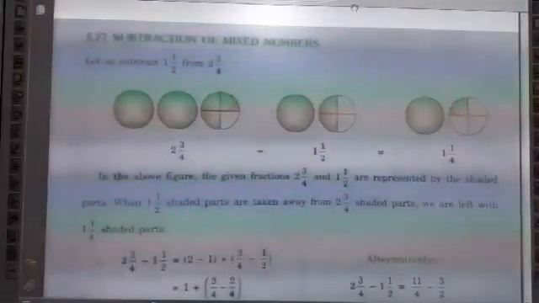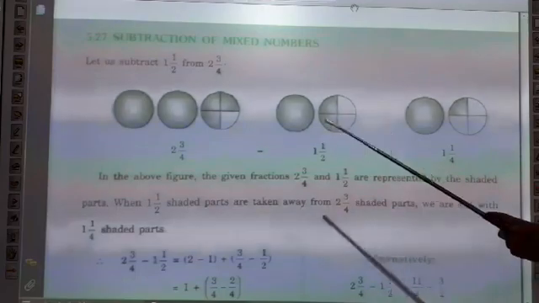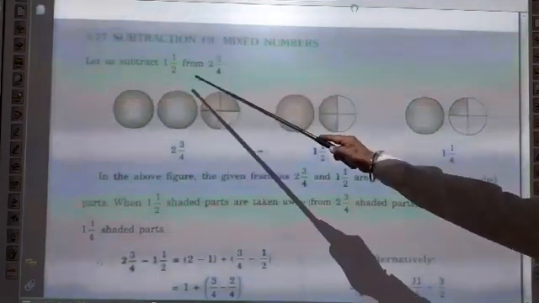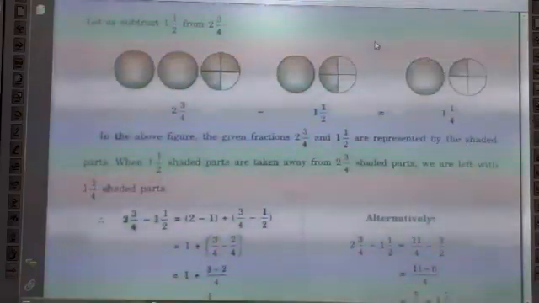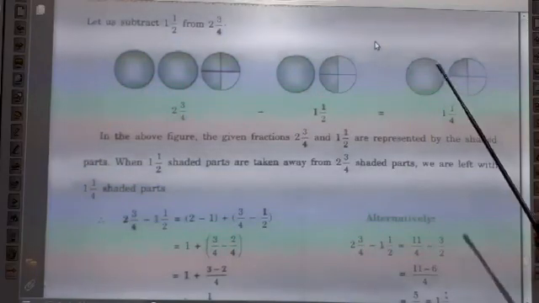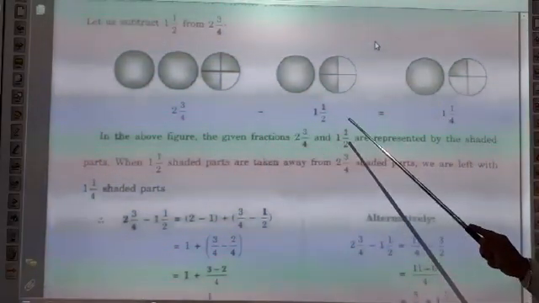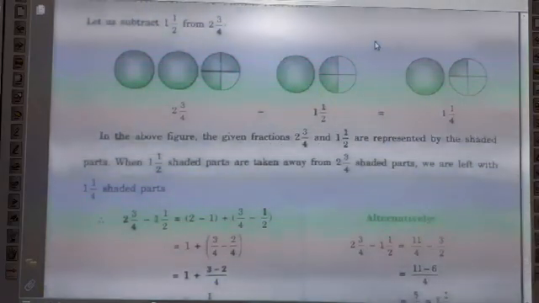Now next topic, subtraction of mixed numbers. Let us subtract 1 1 by 2 from 2 3 by 4. This is a mixed number. Show the diagram. 2 3 by 4 minus 1 1 by 2. 2 minus 1 is 1, and 3 by 4 minus 1 by 2 is 1 by 4.